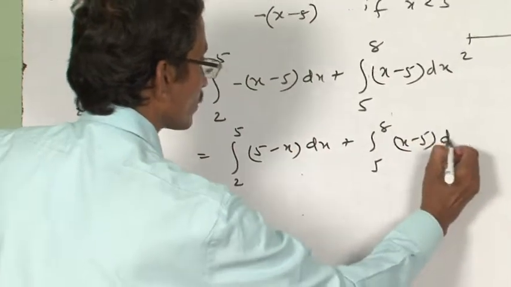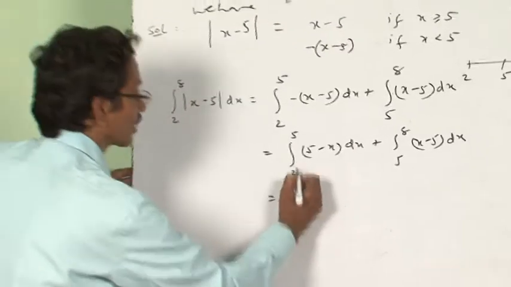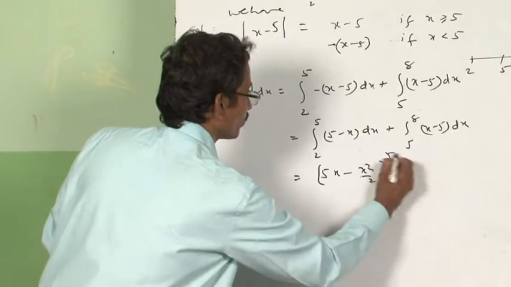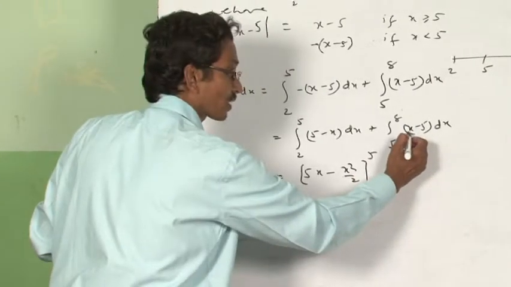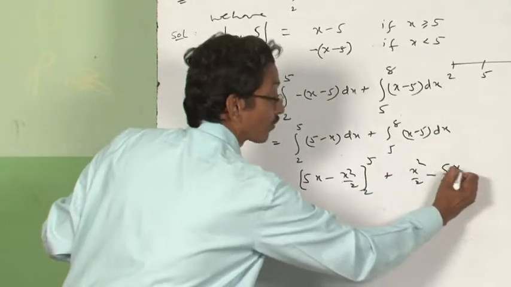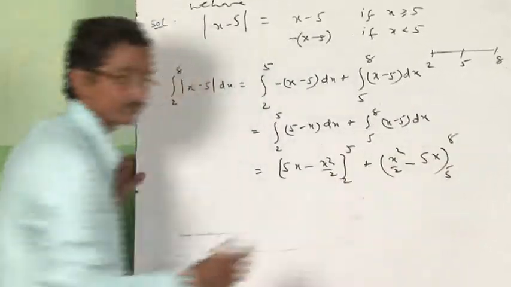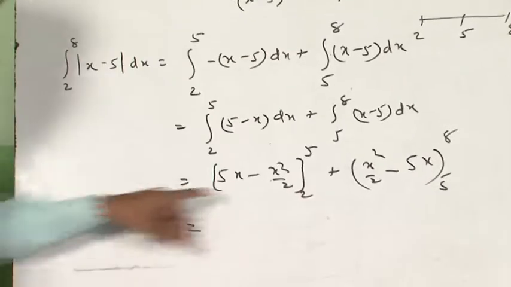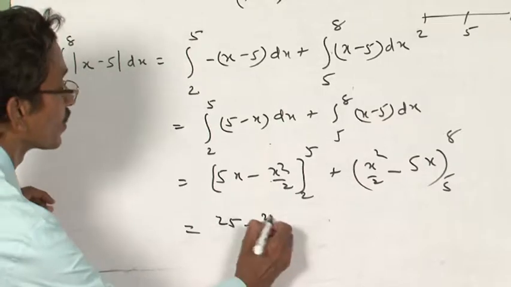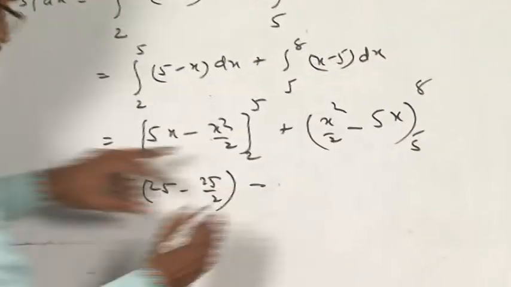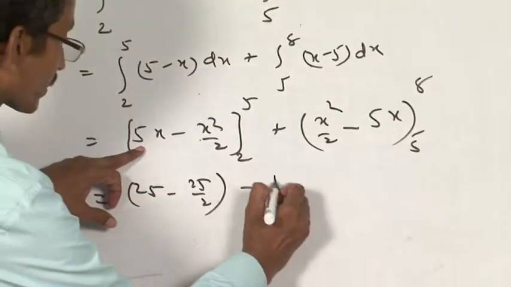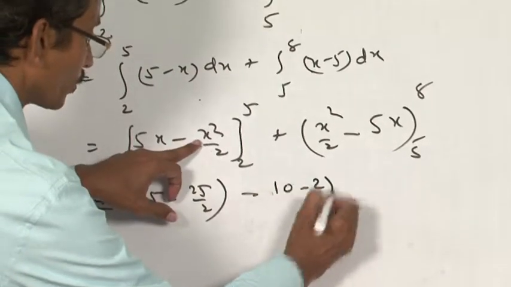x minus 5 dx. So, this is equal to, after applying the limits, 5x minus x square by 2 from 2 to 5, plus x square by 2 minus 5x from 5 to 8, since the integration of x dx is x square by 2 and the integration of 5 is 5x. Substituting x equal to 5 first, it is 25 minus 25 by 2, minus, putting x equal to 2, 10 minus 2.